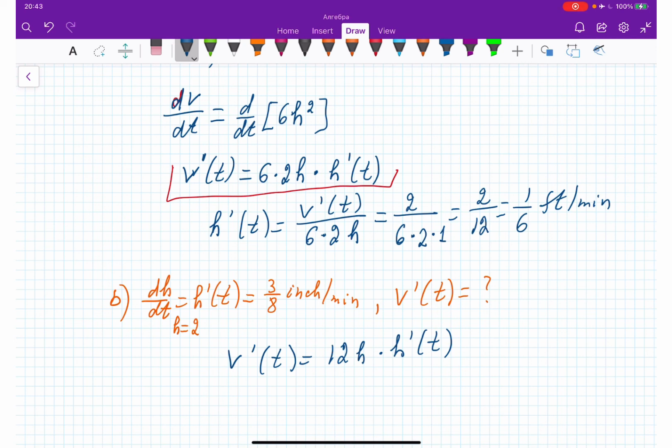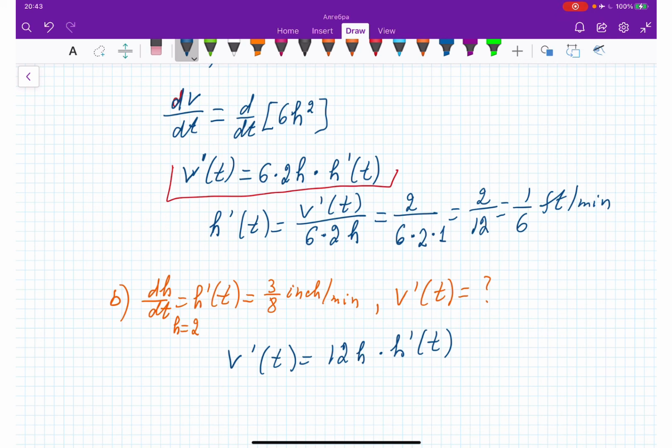So we have everything to plug in, but one thing. The measurement is in inches. We need to convert into feet. Okay? So why?